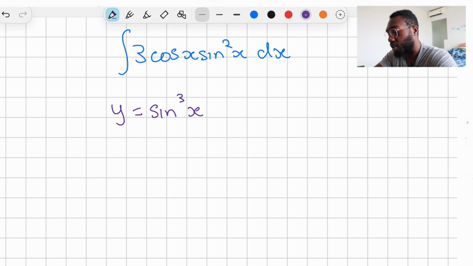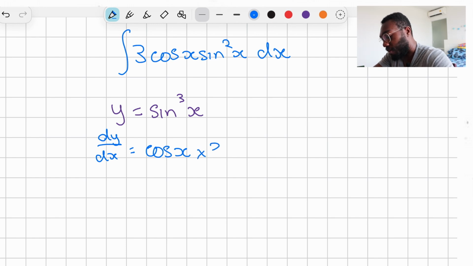So if we differentiate this, we'd get dy over dx. What would come out of there? Well, if we think about the chain rule, whatever sine x is, we differentiate that, so we get a cosine x, and that will be times by a 3 sine squared x.